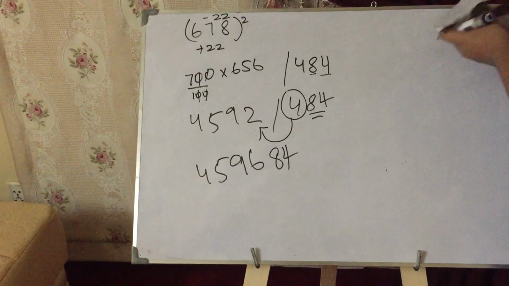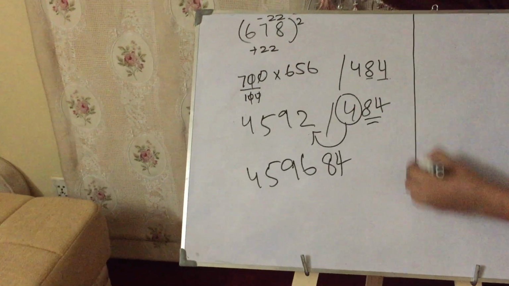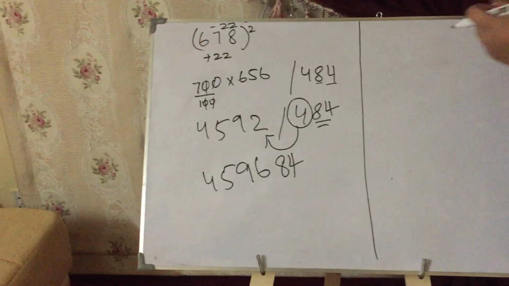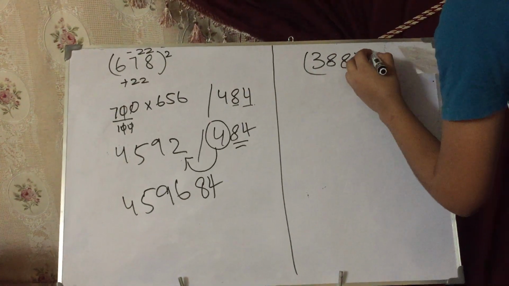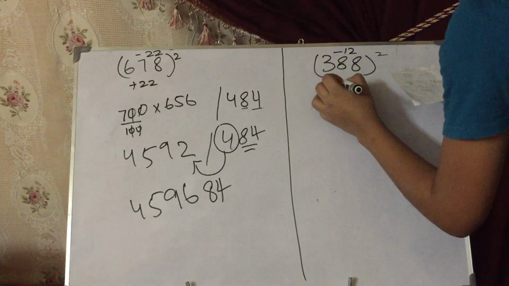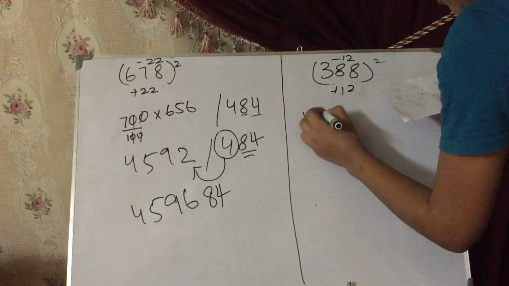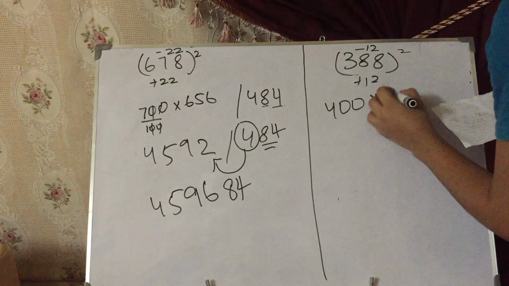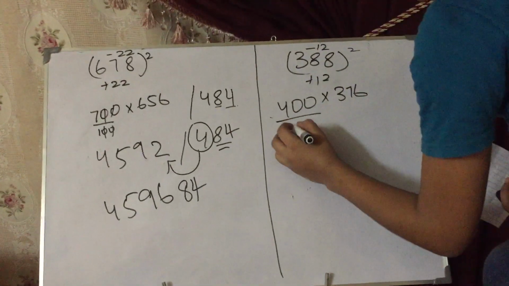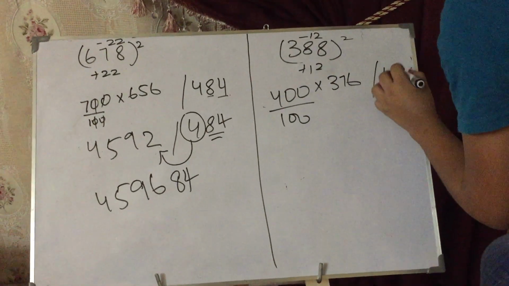Then now one more example. 388 squared. For that we will do minus 12 and plus 12. The answer would come as 400 multiplied by 376, and upon 100, 144.